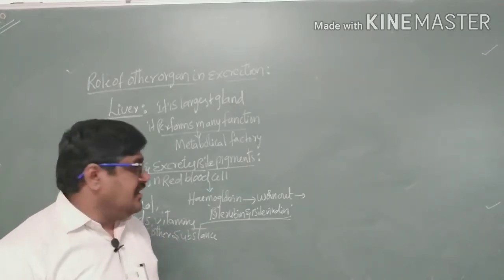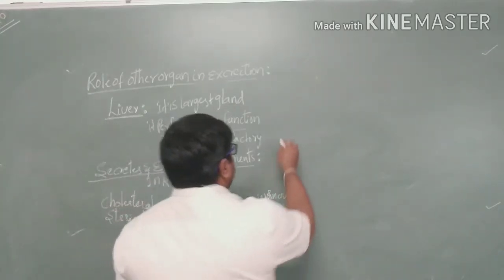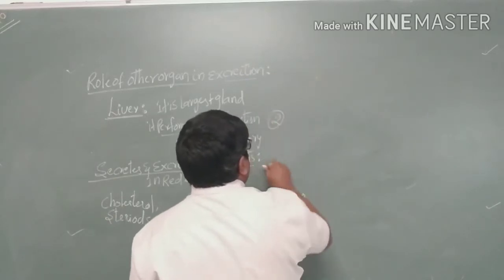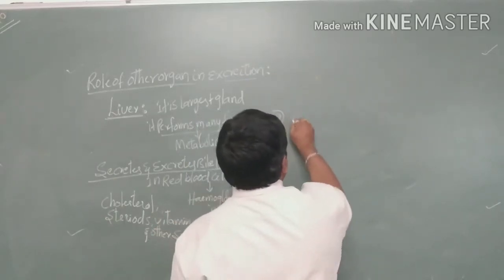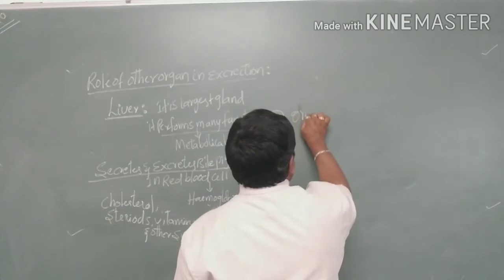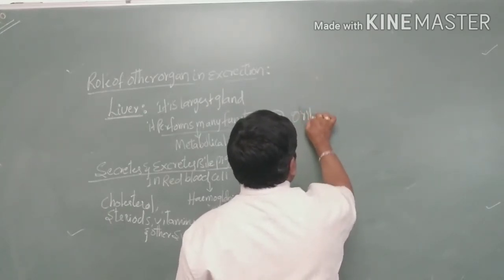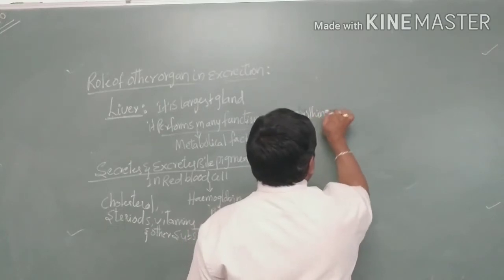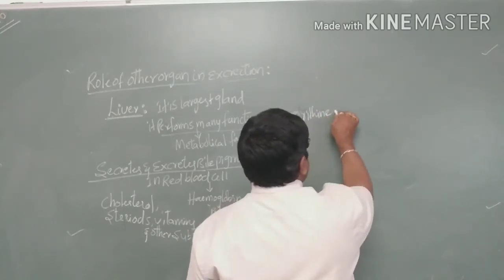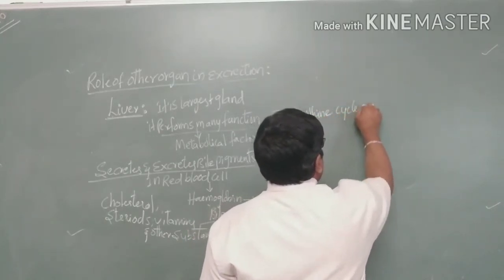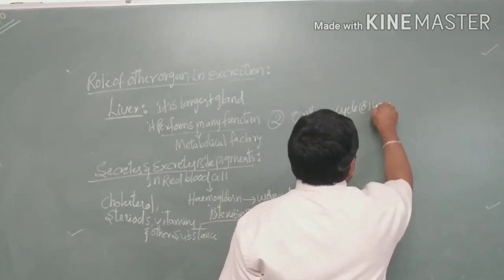And the second one is the ornithine cycle, or otherwise you can call it the urea cycle.